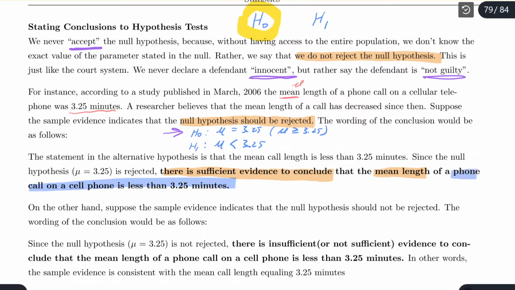So this blue statement is actually just writing the H1 alternative hypothesis in words. So we always use the language in line of there is sufficient evidence to, there is not sufficient evidence to. We don't say absolutely we accept or not accept. That's not the language you use in hypothesis testing. Okay. Since we rejected H naught, there is sufficient evidence to conclude H1. That's essentially what this is.